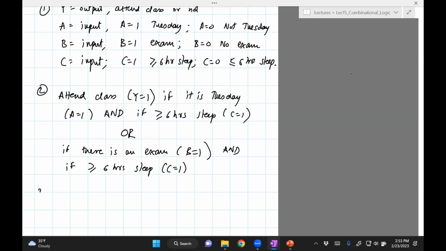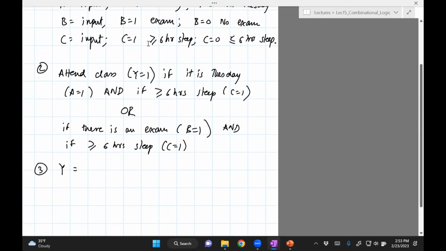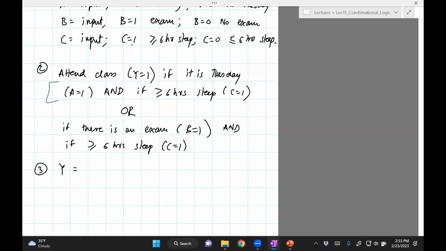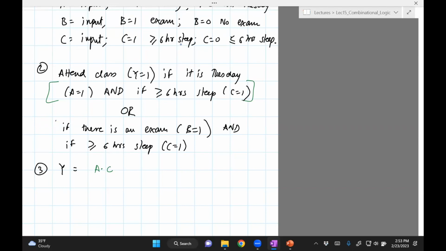Okay, so given this information, coming from this, the final expression which you're after: we want y equals 1 if I write the first part as an expression. It's going to be A dot C. And then the second part is B dot C, and the dot is coming because of these ands.